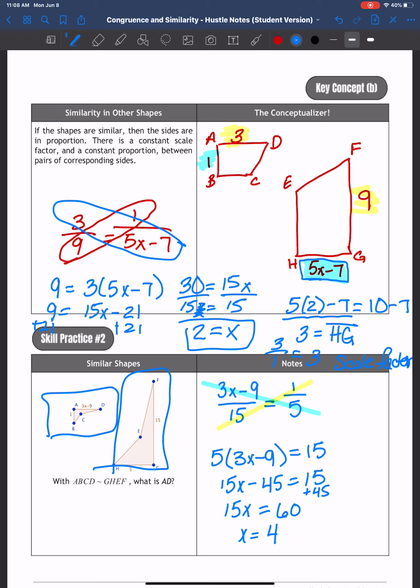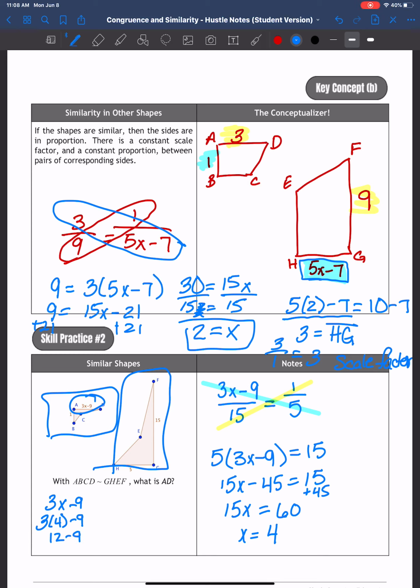So now that I know what my x is equal to, I can find out my scale factor by putting it into this. So I'm going to put my x into 3x minus 9. 3 times 4 minus 9. 3 times 4 is 12.